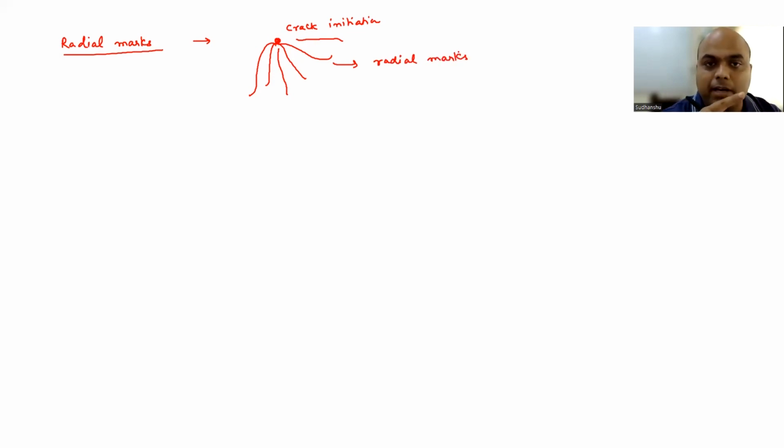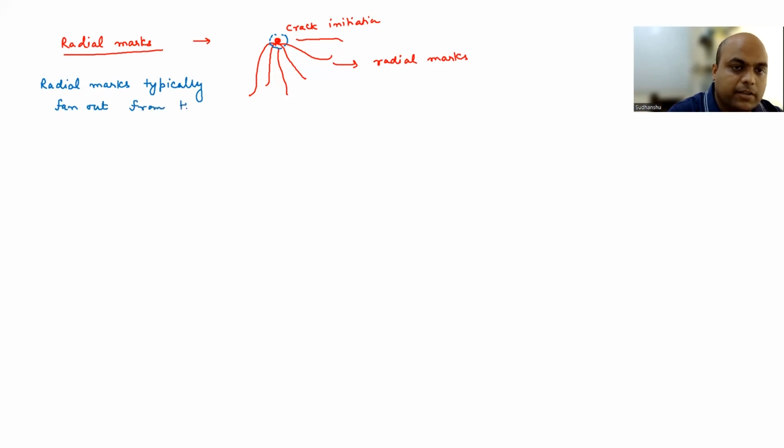Similar to the chevron mark, a radial mark is growing outward from where the crack has initiated. In this case, it is in this position, and the marks are growing out radially. So radial marks typically fan out from the initiation site.